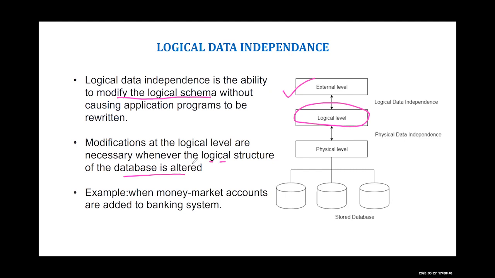Of course, because a database represents the real world. Say I'm creating a database for your university and they have started a new course. At that time, I will have to add one more entity or table, which changes the logical level of the database, but that should not have any effect on the external view of the database.